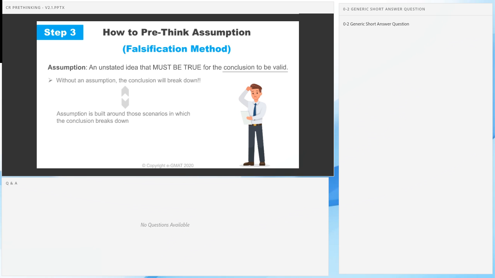You'll simulate the overall design of your house, and wherever the roof starts to cave in, you put a pillar, because you don't want the roof to cave in. So without assumptions, because an argument can have multiple assumptions, the conclusion will break down. In other words, your assumption is built around the scenarios that may break the conclusion down.